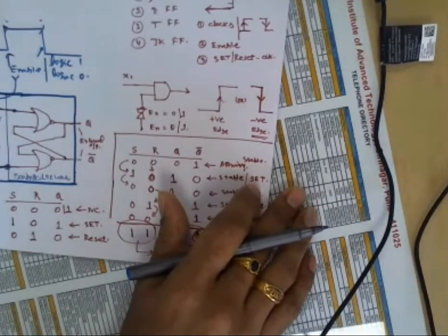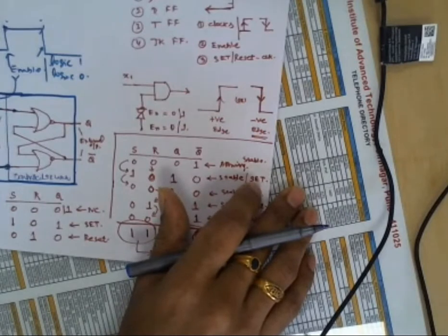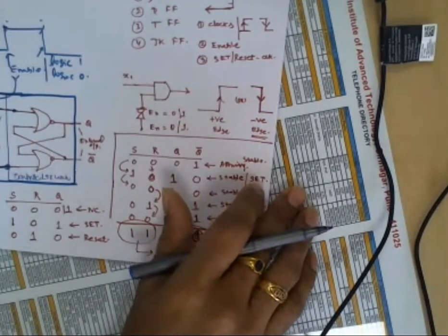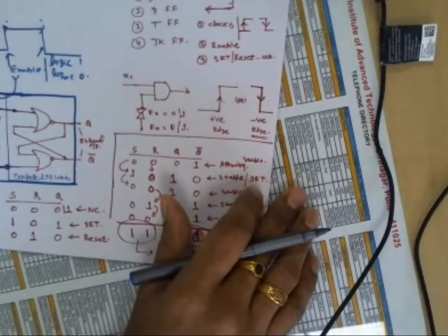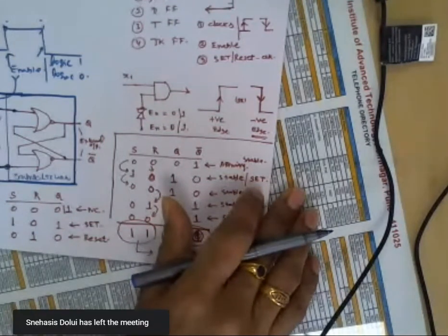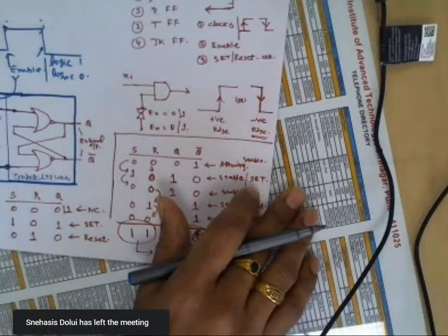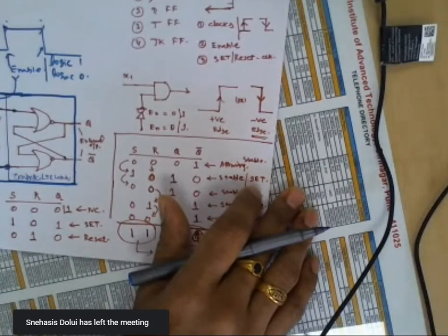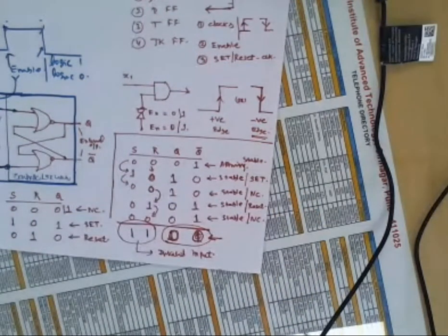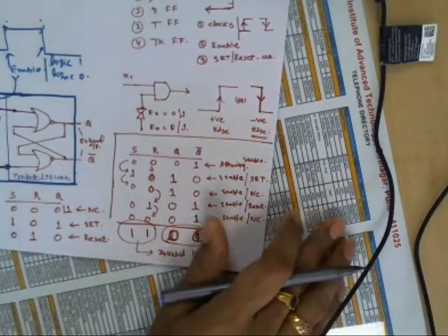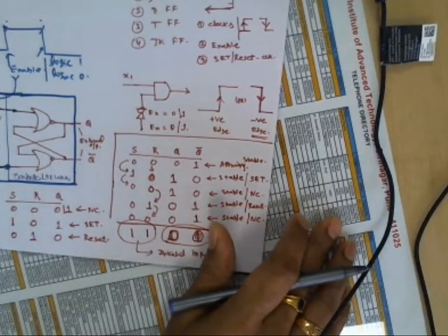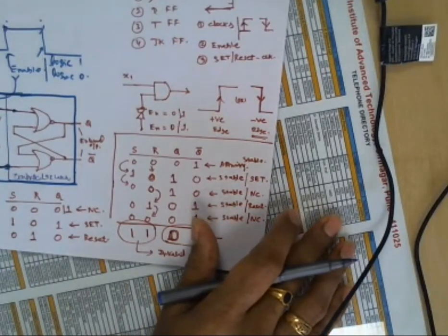So in order to control it by some level, we go for enable control, which we connected to the latch, so that now the latch is a controlled latch. Controlled latch means you can decide its operation time. It has to work from this time to this time.